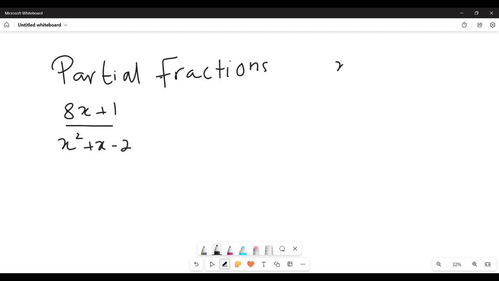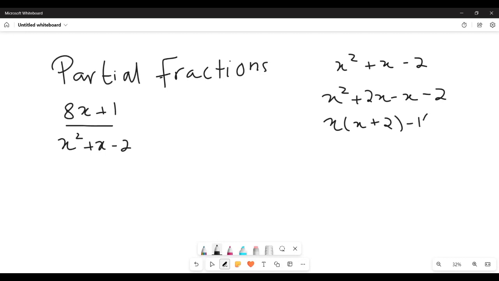It's going to be x square plus 2x minus x minus 2. x common, x plus 2, minus 1 common, x plus 2. So we have x plus 2, x minus 1.